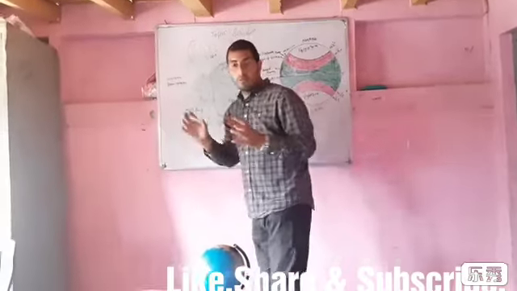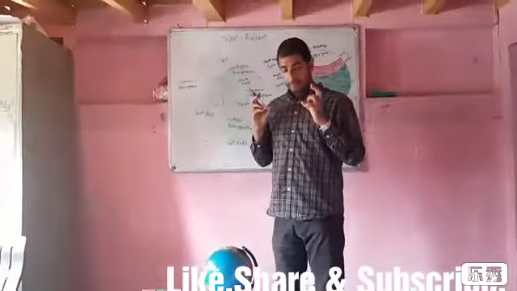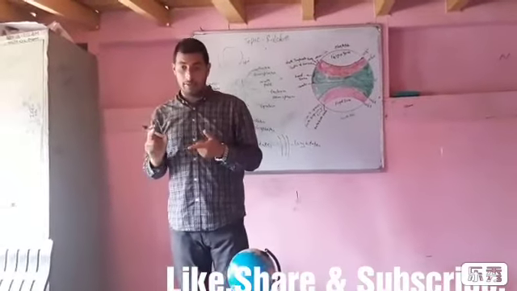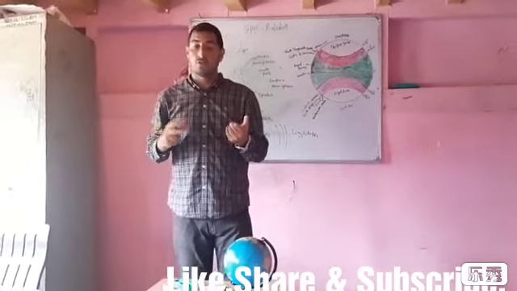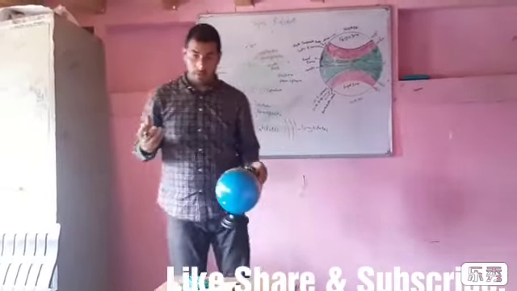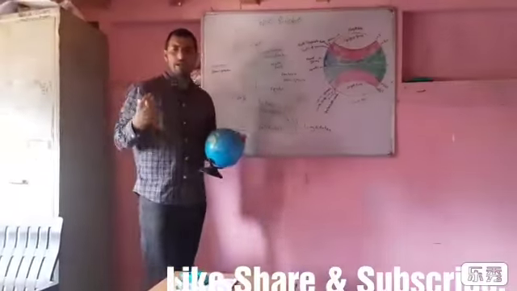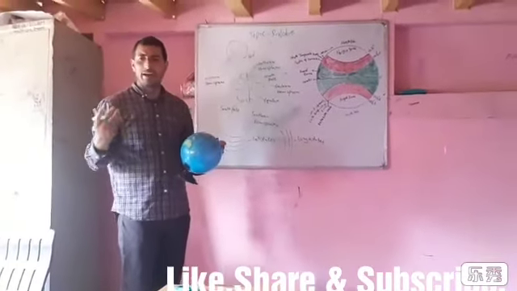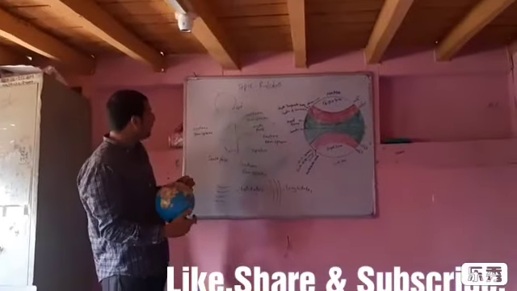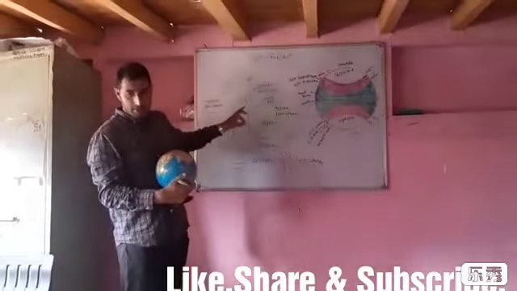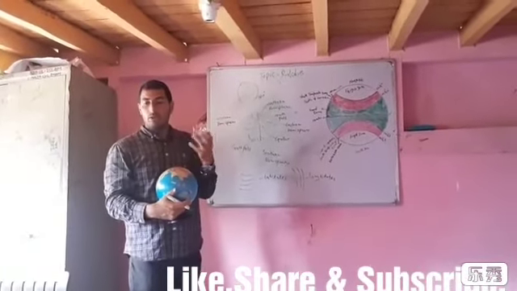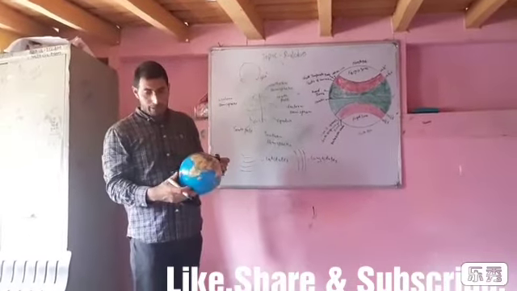If we know the degrees of a place with latitude and longitude, we can find that place on the globe, even a village, a city, a country. The prime meridian passes through Greenwich and helps us to know the time.